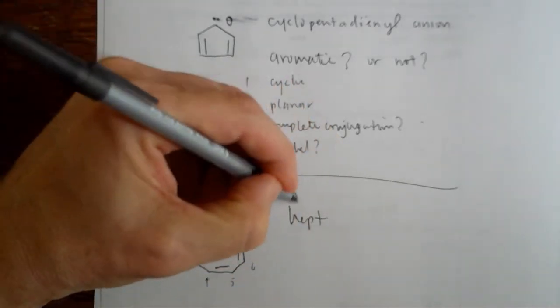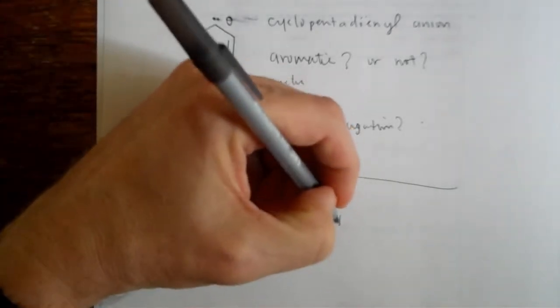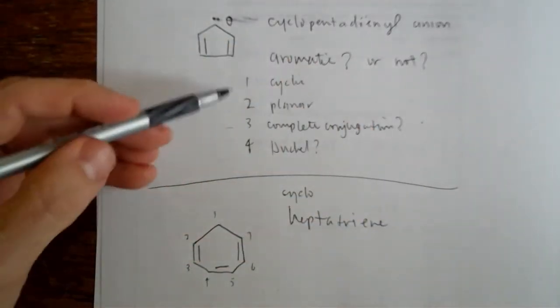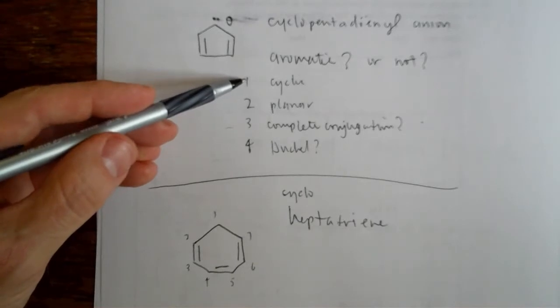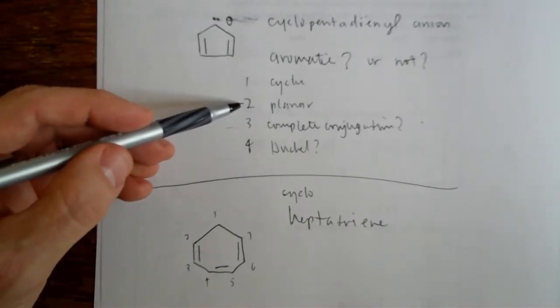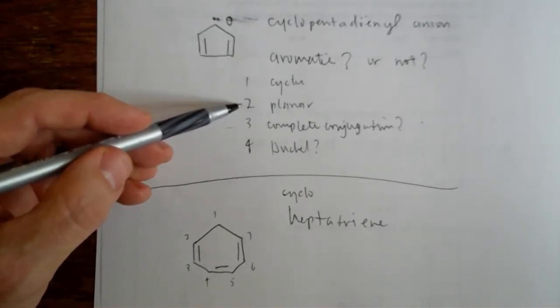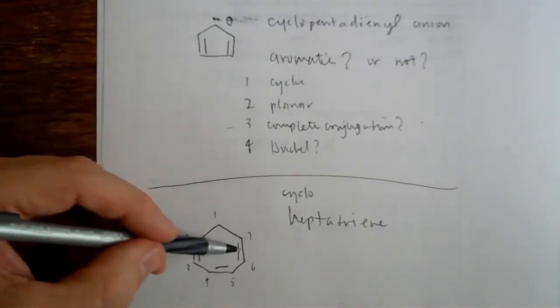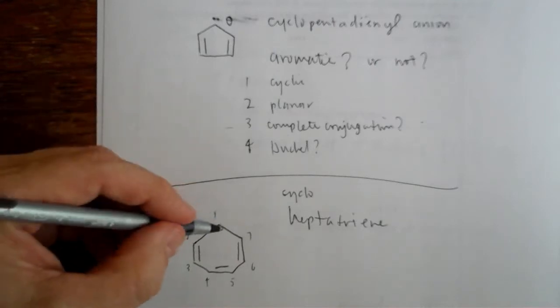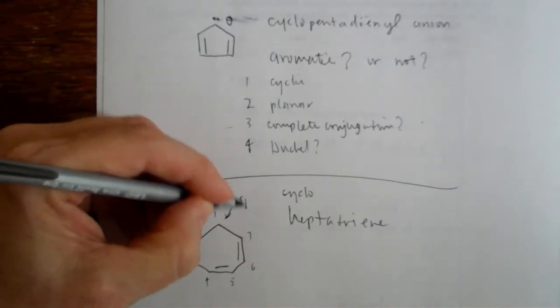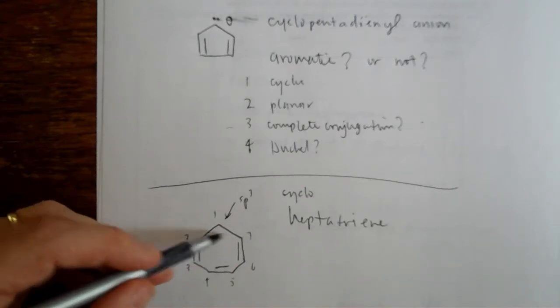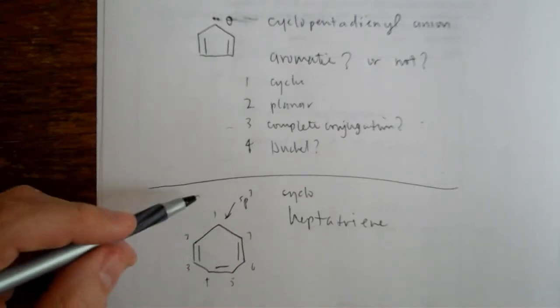How about cycloheptatriene? Agreed? Is it cyclic? Yes. Is it planar? Well, if we force it into a plane, sure. Again, this is a slippery one. Is it complete conjugation? Well, these are all conjugated with each other, right? But it's not here. That is sp3 hybridized. You cannot get pi electrons through that roadblock right there.